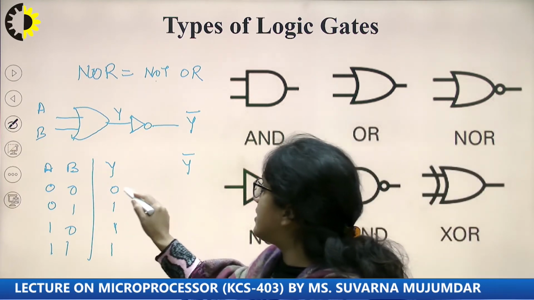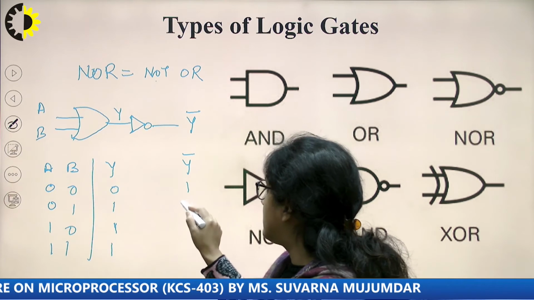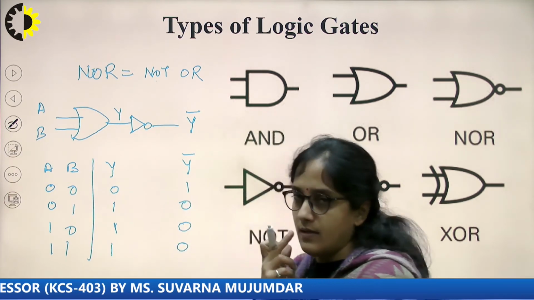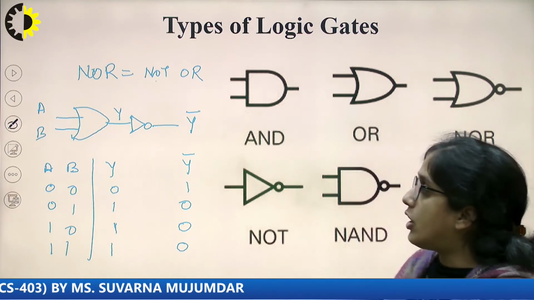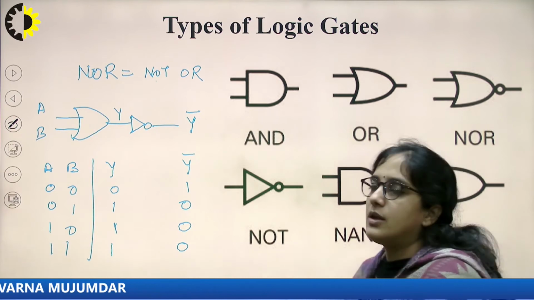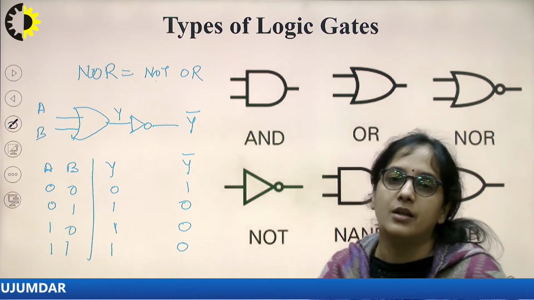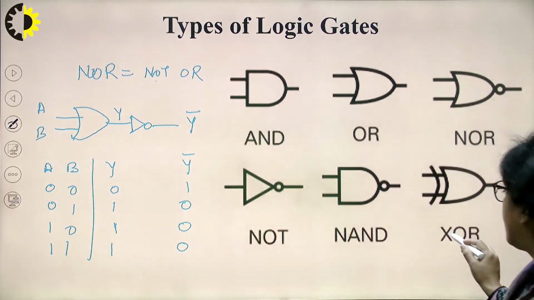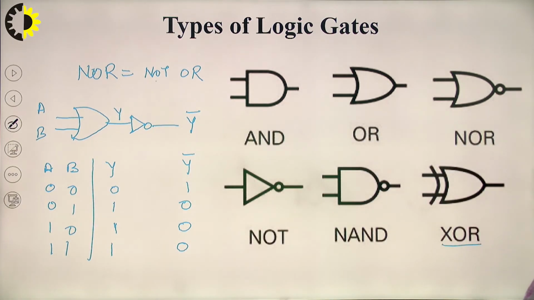Now, here it will be 0, it will give 1, 1, 0, 1, 0, 1, 0. Okay. So in case of the NOR gate, the output is high only when all the inputs are low. Now, the sixth gate, that is XOR.